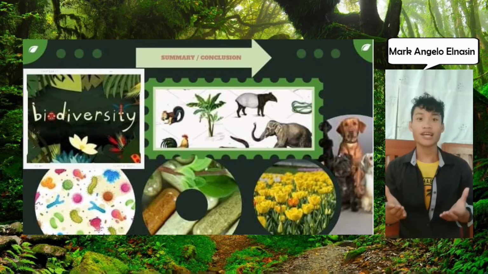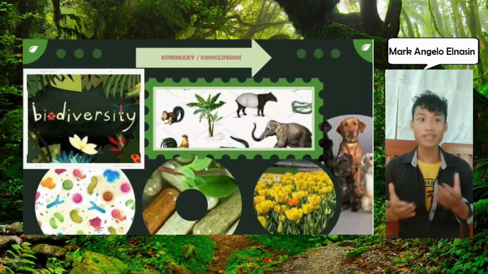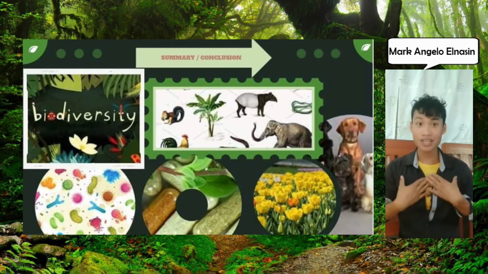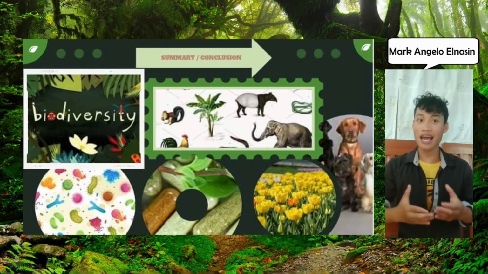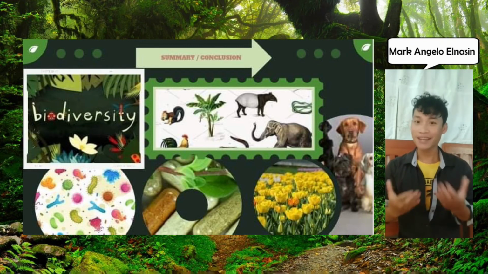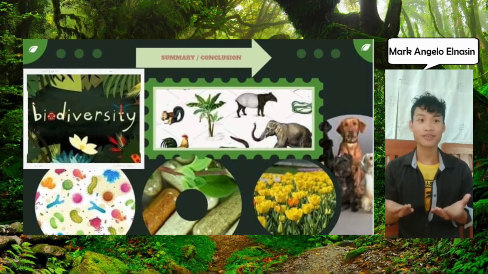We all know that biodiversity plays a very important role in our lives and in the lives of other people around the world. It serves as a source of food, medicines, and other materials needed to sustain human life.